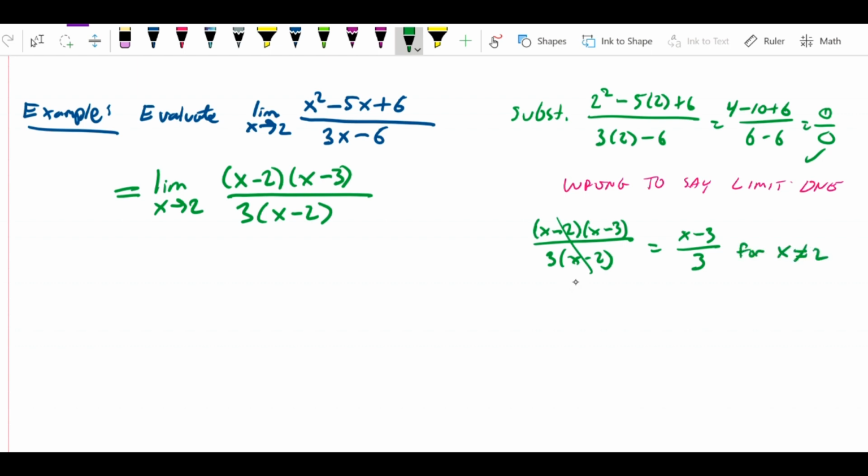In other words, x equals 2 is in the domain of the function given by that expression, but it's not in the domain of this function. So they are different functions, but they're equal to each other as long as x is not equal to 2. So we can cancel now and rewrite this as the limit as x approaches 2 of x minus 3 over 3, and now we can do that by substitution. That's 2 minus 3 over 3, which is negative 1/3.